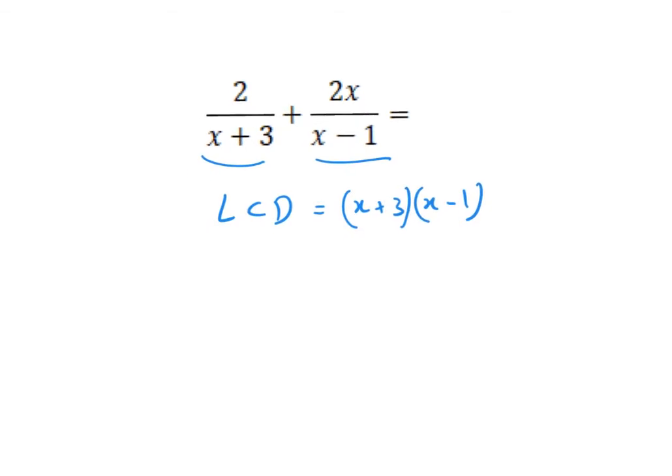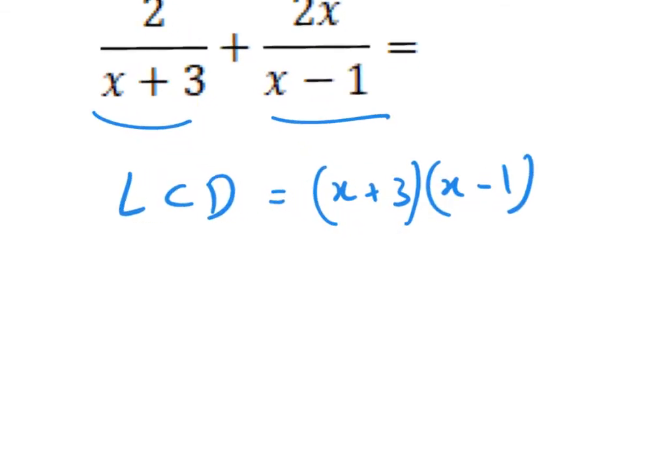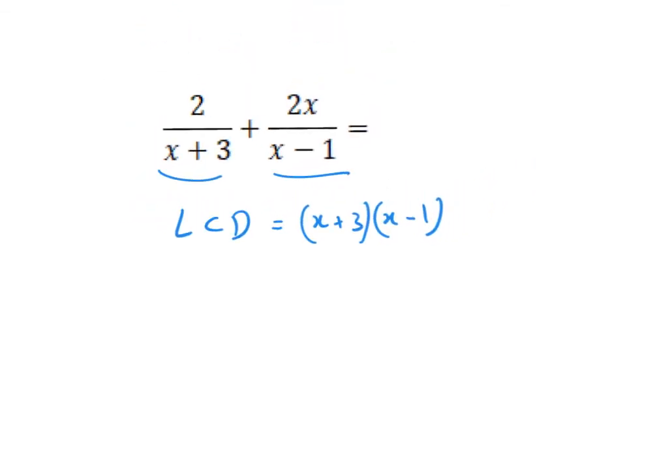For the first one, 2 over x + 3, to get the common denominator we're going to multiply by x - 1. Make sure you multiply by x - 1.